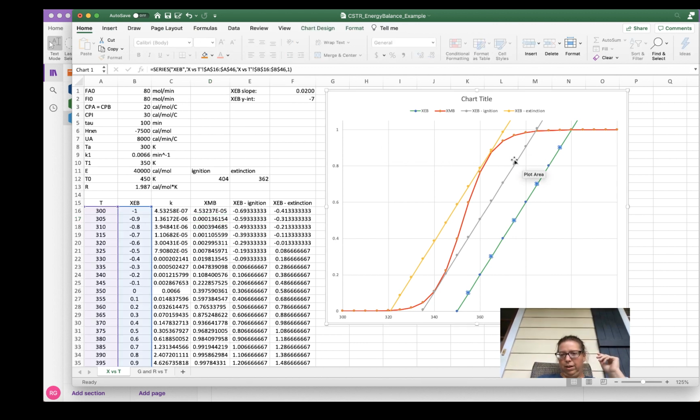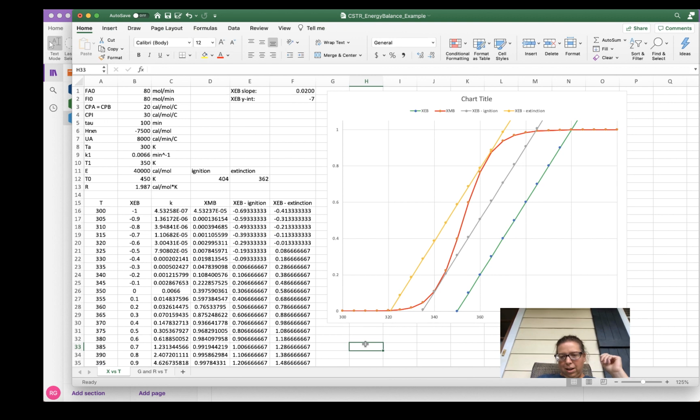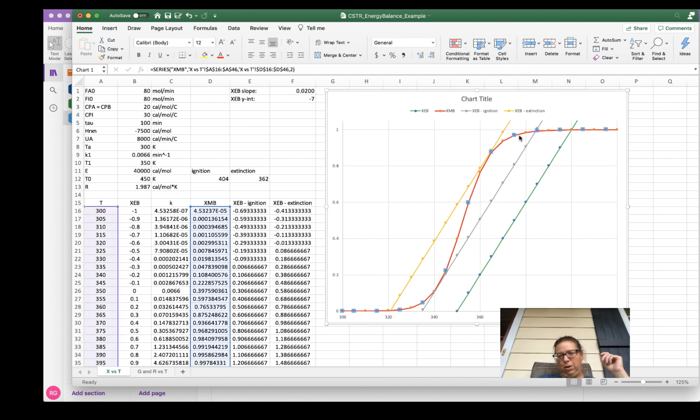We're going to ignore the gray trend and the yellow trend for now. Looking at this, the red trend is the mole balance. At low temperatures, the mole balance starts out very low and the conversion is very low.